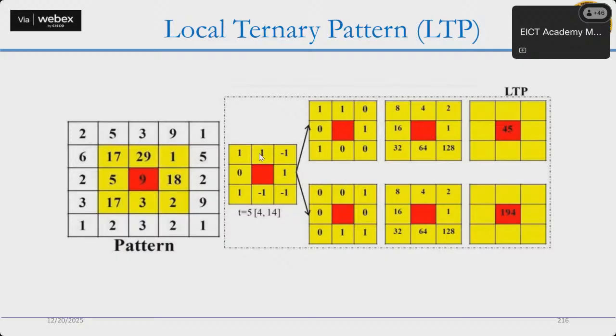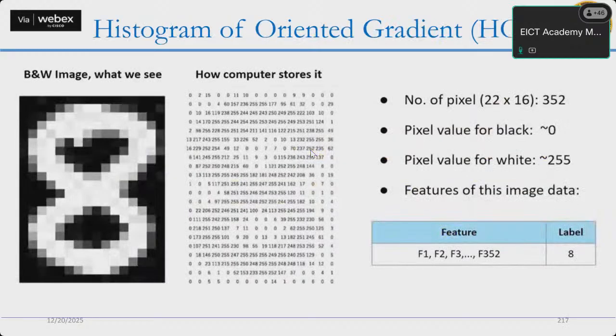So see, now coming to it, we'll take up the numerical of these problems, whatever we have in the afternoon, the mathematical part, so that we can cover our content and finish it by today. Now coming to the histogram of oriented gradient.